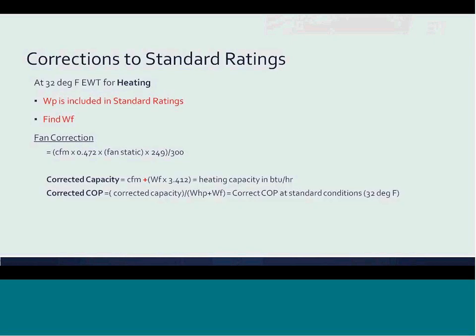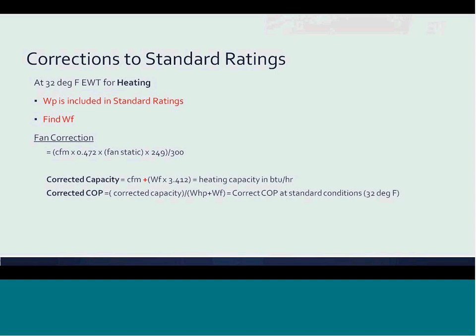Okay. As previously, the standard rating condition for geo heat pumps in heating mode is at 32 degrees Fahrenheit entering water temperature. At that temperature and a given flow rate, we are given both the heating capacity and the COP values by the manufacturer. W sub P, which I've shown here in red, is the energy in watts consumed by the system for pumping energy.